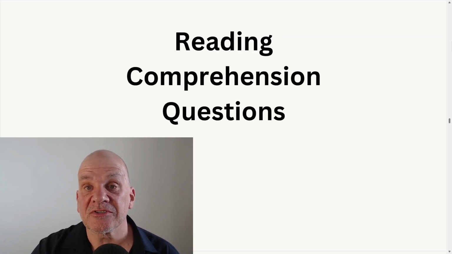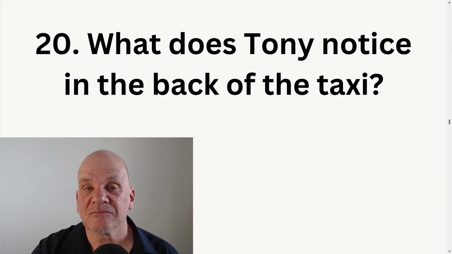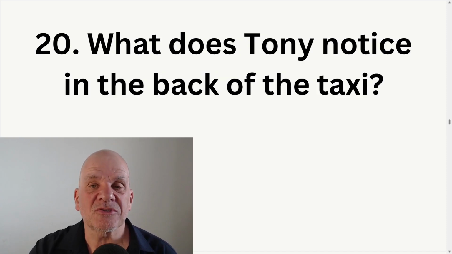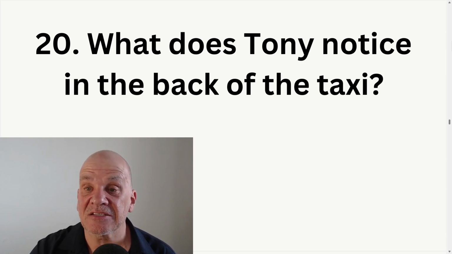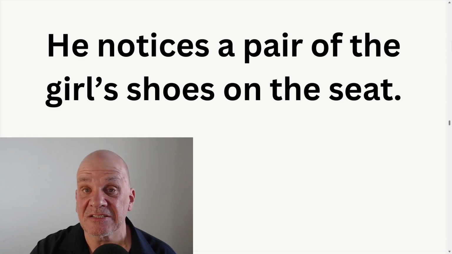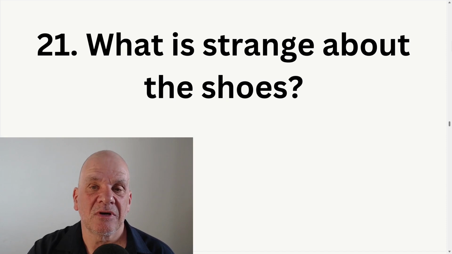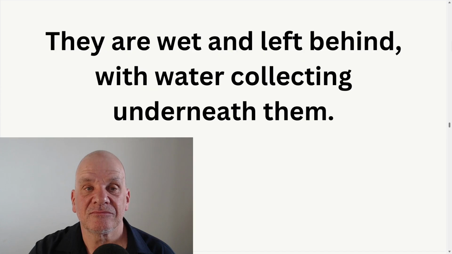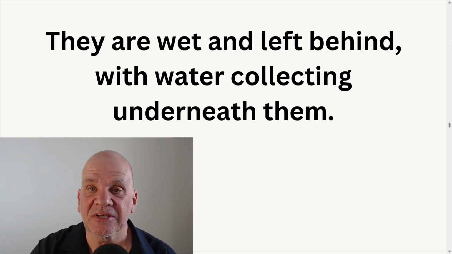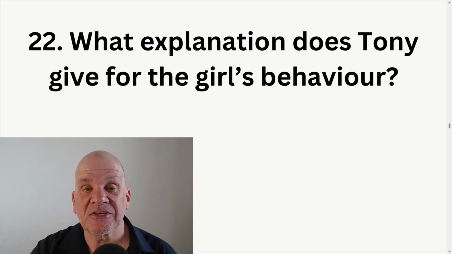Reading comprehension questions. 20. What does Tony notice in the back of the taxi? He notices a pair of the girl's shoes on the seat. 21. What is strange about the shoes? They are wet and left behind, with water collecting underneath them. 22.